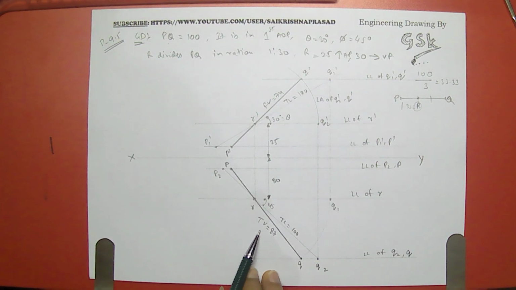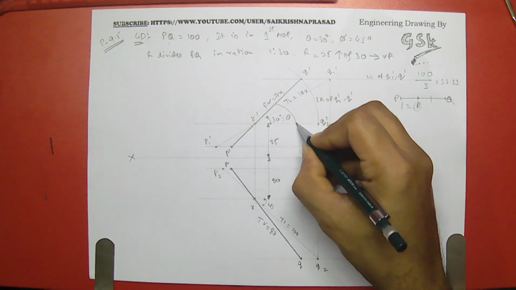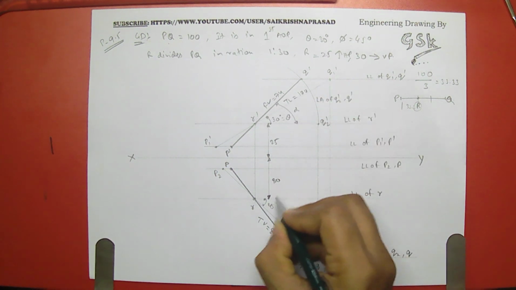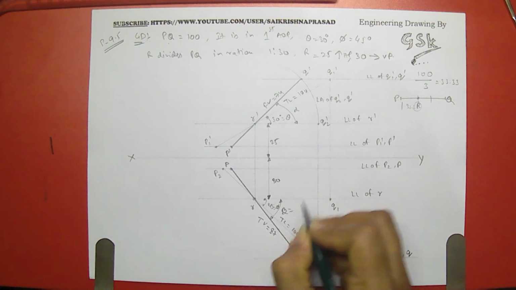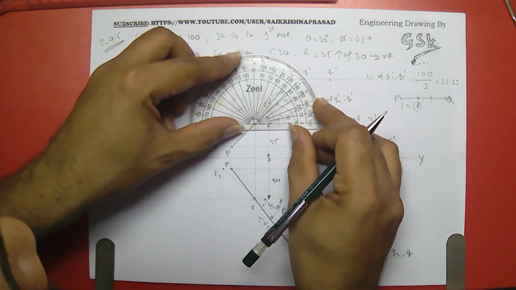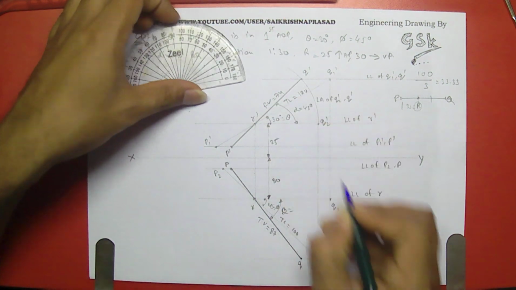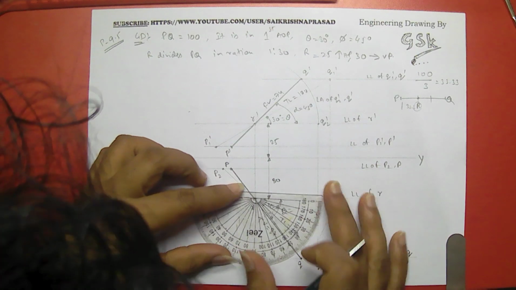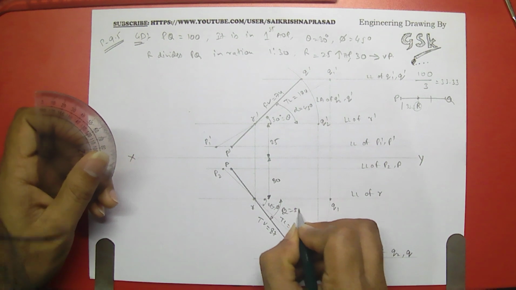So these are the given data, and here we are finding out the top view length, front view length, and this angle called alpha, and this angle beta. So for this I'll be taking the protractor and I'll be keeping over here, and I'll find the angle, that is 43 degrees, and this one for the top view it would be around 51 degrees, and this is 43 degrees.